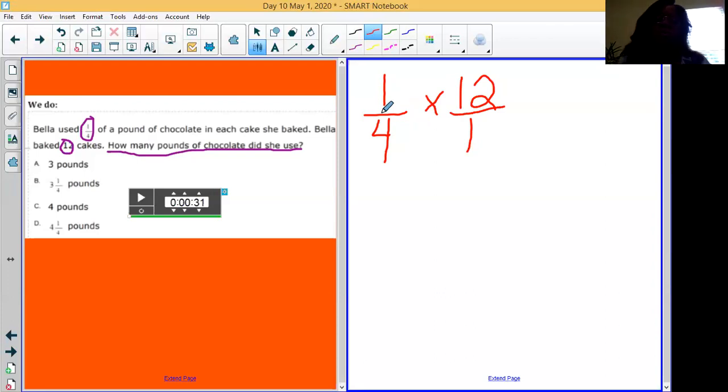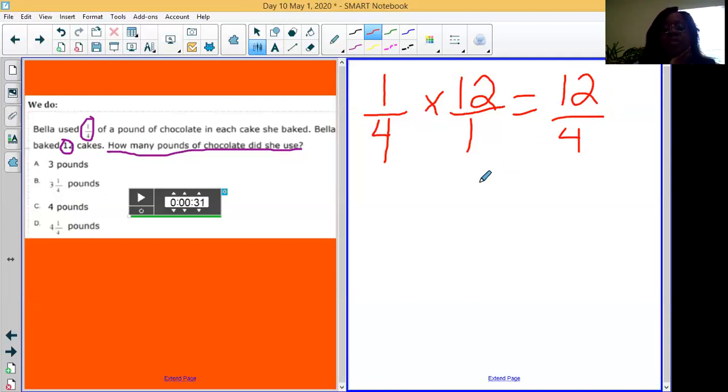Again, when we multiply fractions, we multiply numerator times numerator. 1 times 12 equals 12. Denominator times denominator, 4 times 1 equals 4. So again, we're here with an improper fraction because our numerator of 12 is greater than our denominator of 4. So that makes this an improper fraction, which means it's going to be at least 1 whole.